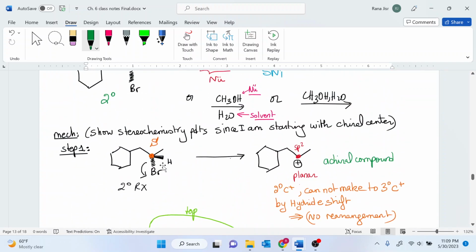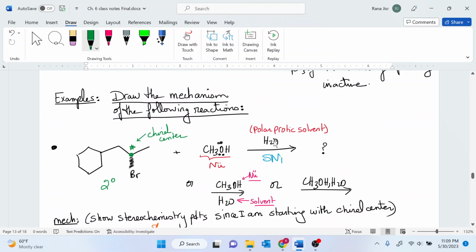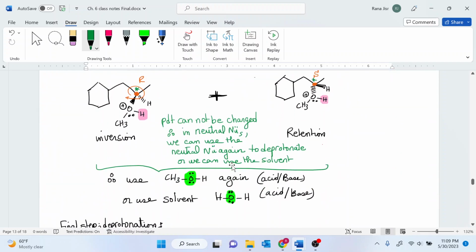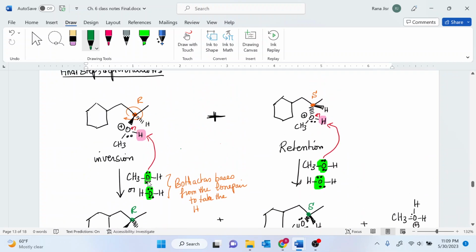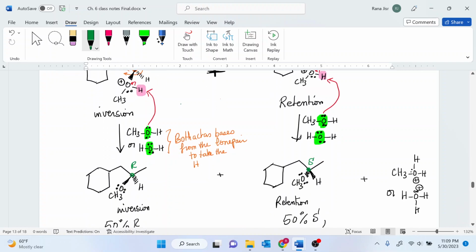In normal cases, since water is a solvent, we use the water. But if water is not there, as we always say, you're going to go ahead and use the methanol in order to do the deprotonation step. So go ahead and use either one of those. Take the extra hydrogen, and you're going to end up getting your two products in this case.